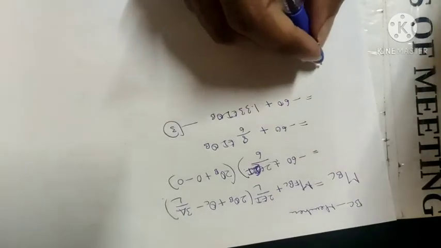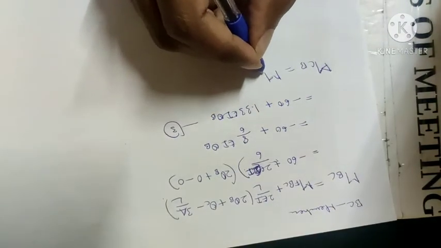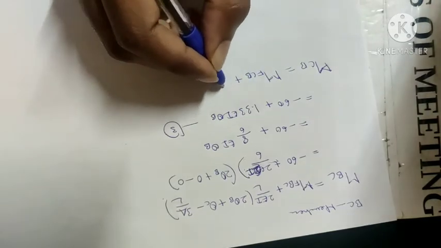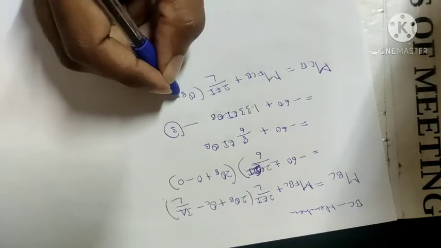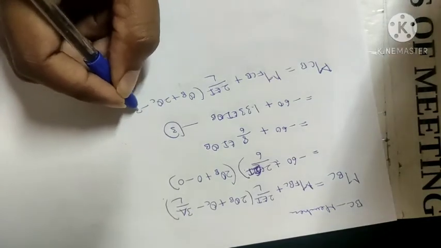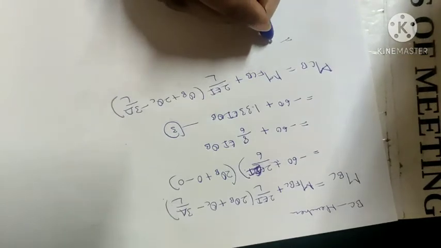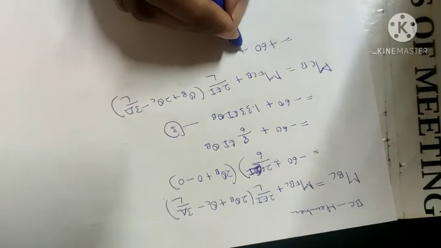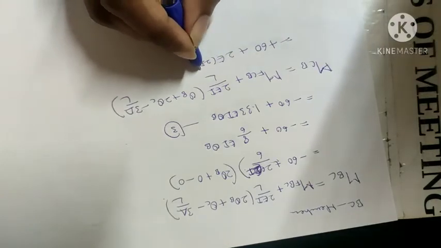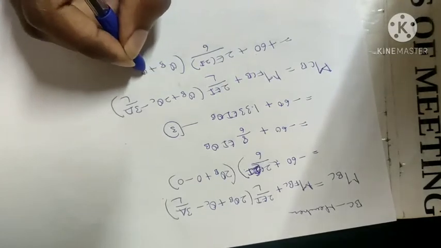Similarly for MCB: MFCB plus 2EI by length, theta B plus 2 theta C, minus 3 delta by L. MCB is plus 60 plus 2EI by 2I, length 6 meters, theta B plus 0 minus 0.